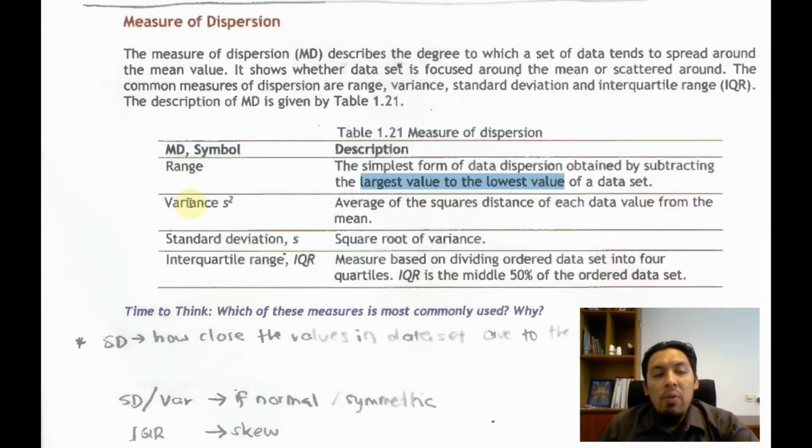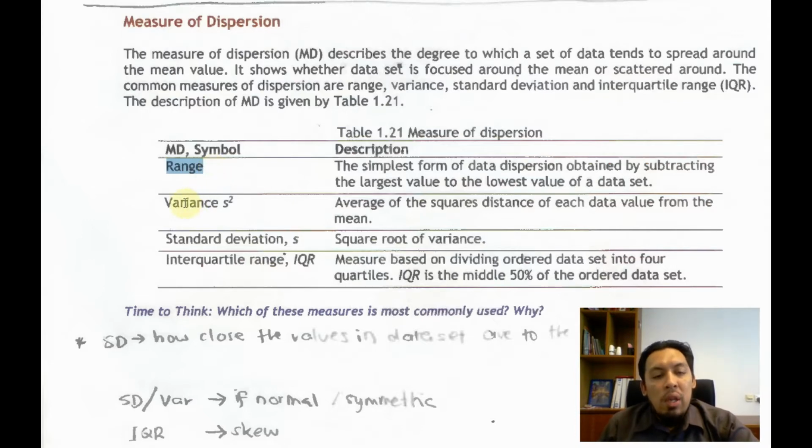However, we rarely use range because it is too sensitive to outliers, and it does not really take into account other data. It just uses two data, largest and lowest. So it is not really a good way to portray the spreadness of data as a whole.